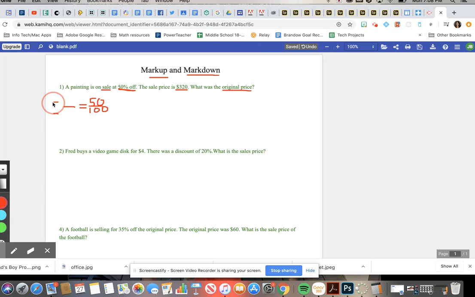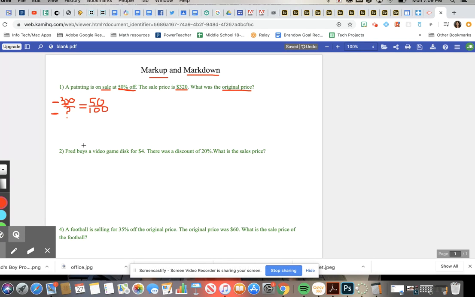The top is going to be our part, and the bottom is going to be our whole. Well, we have the sale price and the original price. The sale obviously is going to be a smaller number than the original. So the smaller number is going to be our part. So this 320, which is our sale price, is going to go on top. And then this is what we're trying to figure out. We're trying to figure out what was that original price.